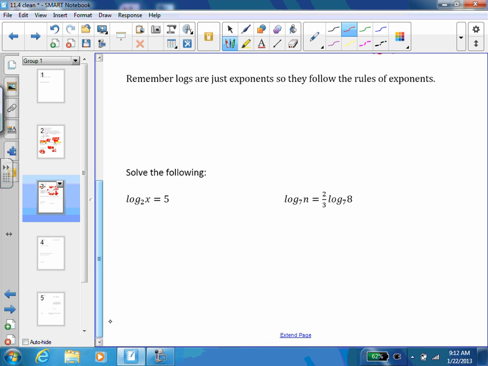All right, so we want to solve them. I want to know, remember, this is my base. This is my what? Exponent, and this is my answer. So it's in logarithmic form. This isn't going to be something that I can really work with.